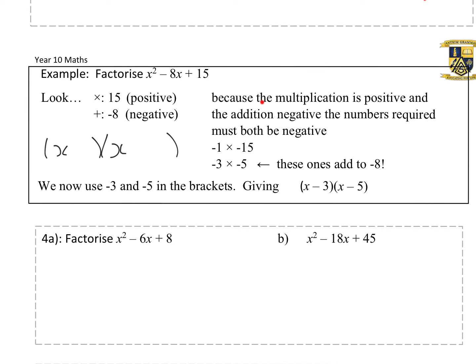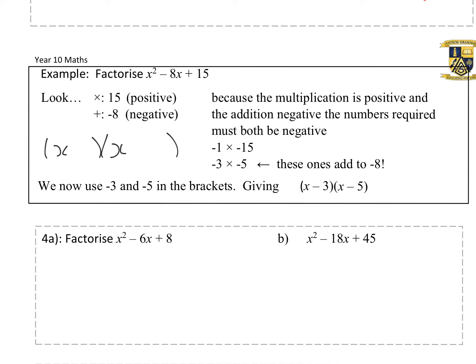Well, because the multiplication is positive and the addition negative, the numbers required must both be negative. That's because when you multiply two negatives, you will get a positive number, but when you add two negatives, you will have a negative number. So for example, minus 1 times minus 15 will give you positive 15, and minus 1 plus minus 15 will give you negative 16.